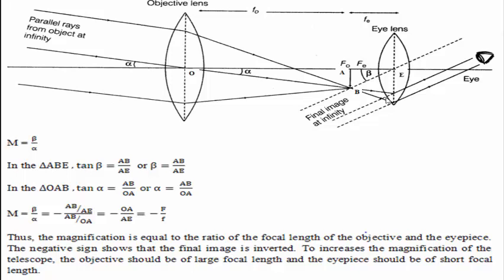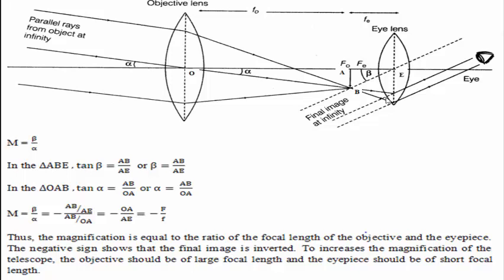Substitute these beta and alpha values in the magnification formula, then you get m equals beta divided by alpha equals minus of AB divided by AE over AB divided by OA, equals, AB gets canceled out, you get minus of OA divided by AE equals minus of capital F divided by small f.